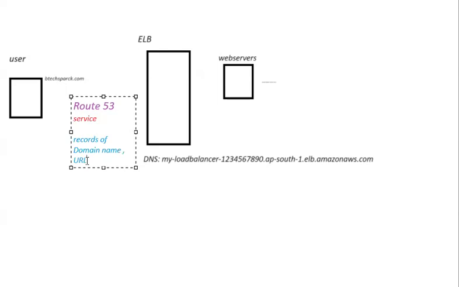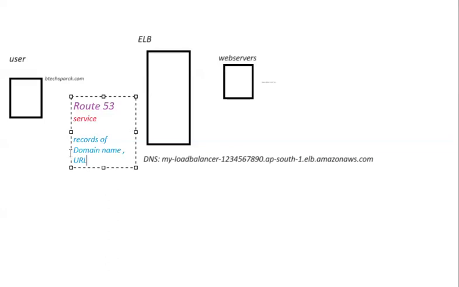Whenever we want to call some person, we can open the phone book and call a certain name, then it will go to the person's phone number and the call will go to that number. In the same way, whenever I request btechspark.com, the request will first go to Route 53, and then Route 53 checks the URL for the particular domain name which I have requested.